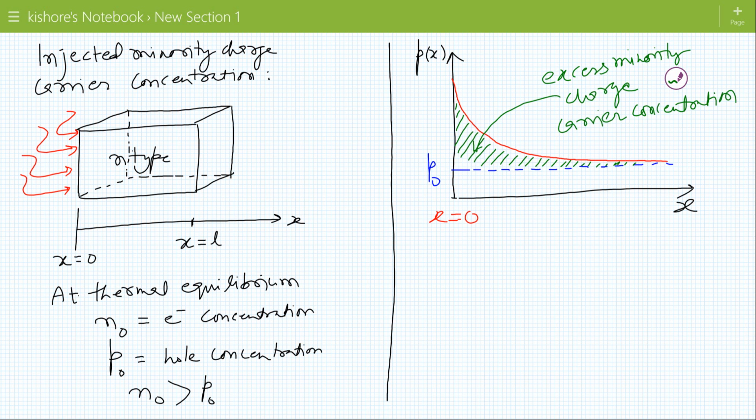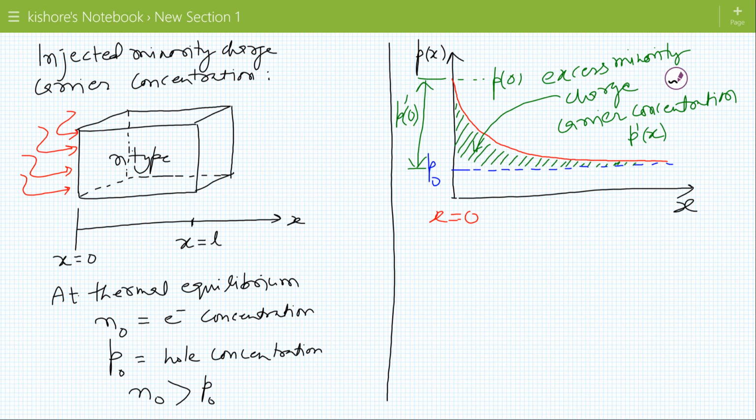Now this value is P naught. At x0, excess minority charge carrier concentration is P dash 0. This excess minority charge carrier concentration is also denoted by P dash x. This is the case of low level of injection, because holes are minority charge carriers.